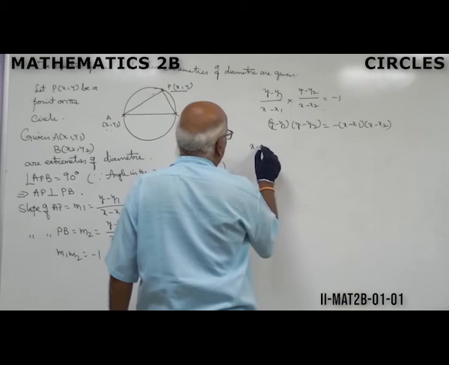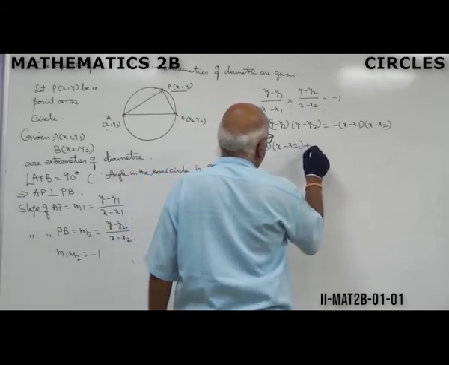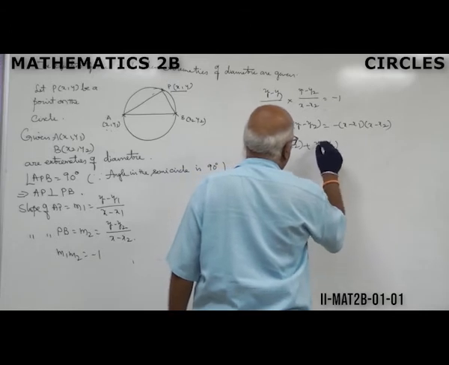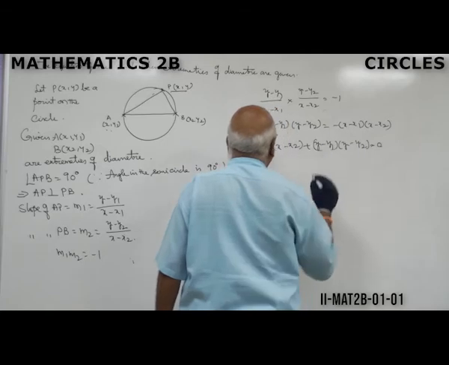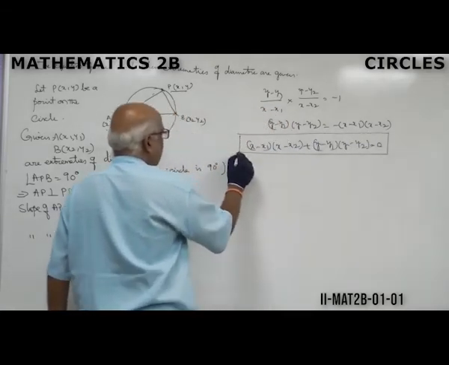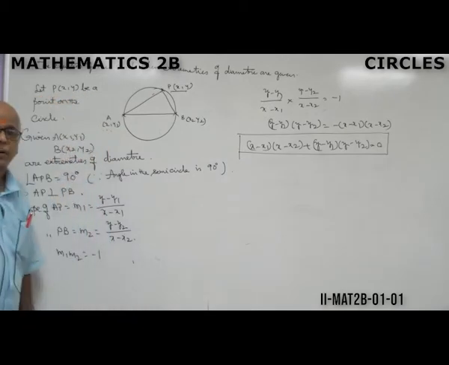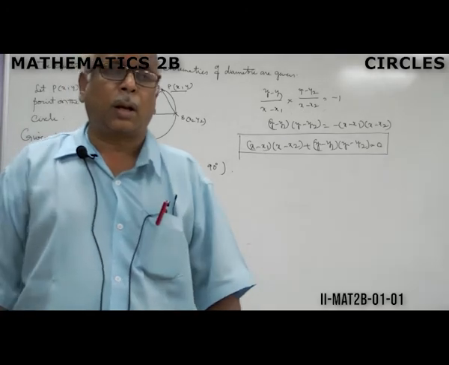Bring all values to one side. (x minus x1) into (x minus x2) plus (y minus y1) into (y minus y2) equals 0. This is another important formula to find the equation of the circle when the extremities of the diameter are given.